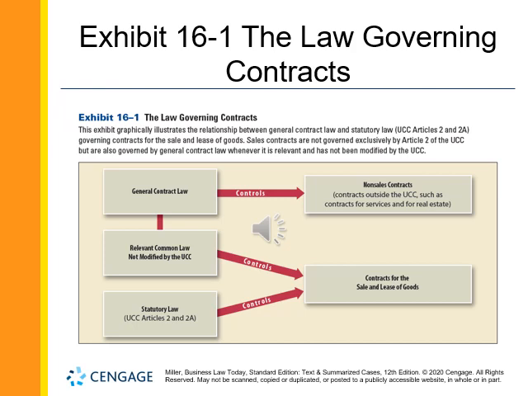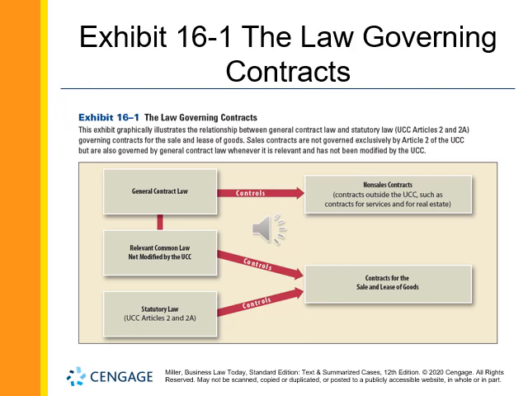Thus, in the upper left-hand corner box, we have the words General Contract Law, an arrow which marks controls, points to non-sales contracts, contracts which are outside the UCC, such as contracts for services and for real estate.